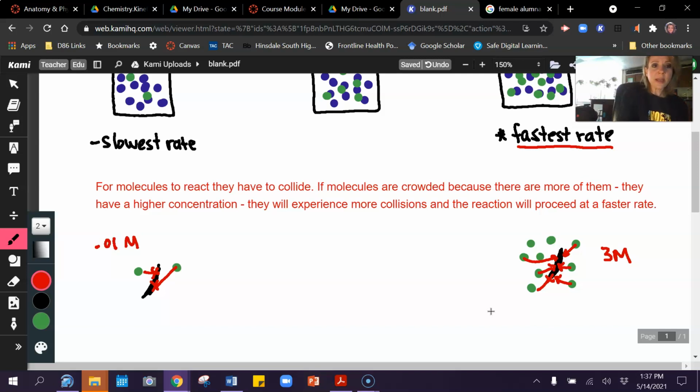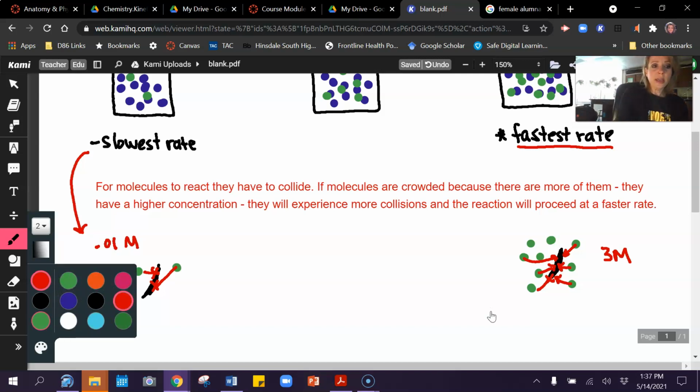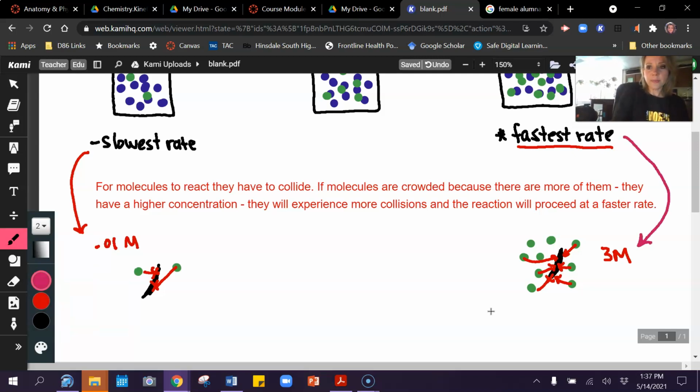And so that's why the rate is the slowest in a lower concentration, and that is why it is the highest in the higher concentration.